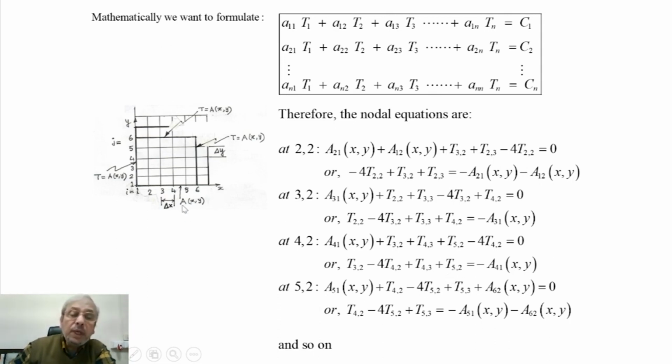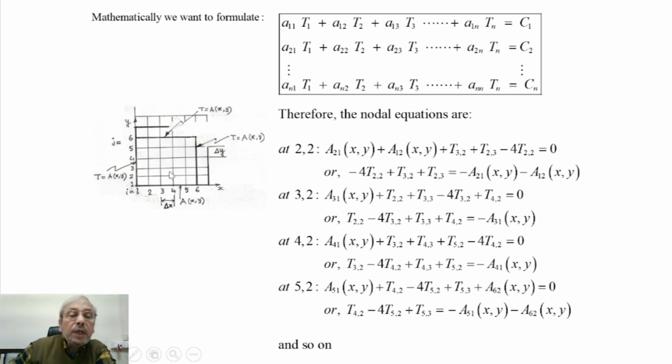Now we come to the point 5, 2. Here, A51 and A62, these are boundary points we have written.